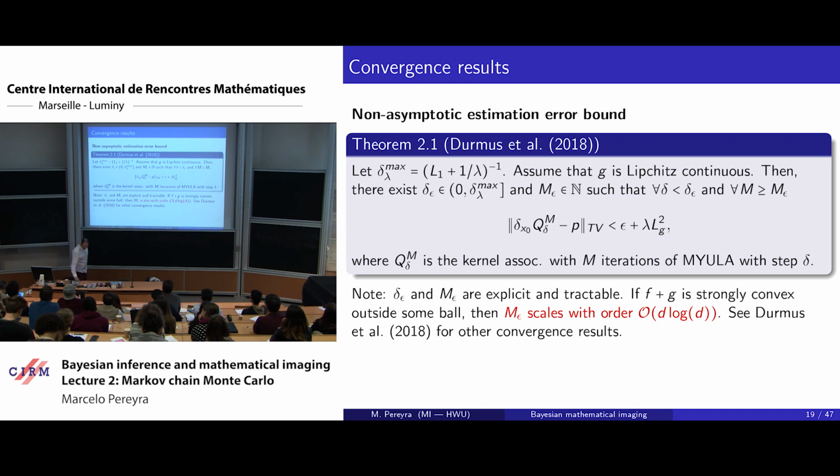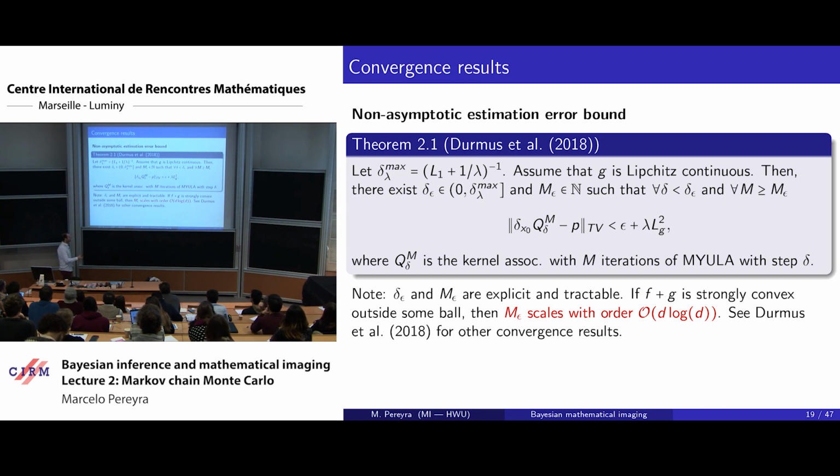So if you can afford a certain number of iterations, you could bound the error, or if you are targeting a specific epsilon, which so far I've never found anyone who wants to, they tell me I need an error of, I don't know, like 1%. Then I would tell you you need, I don't know, 1,000,000 iterations, and that's the way it goes.